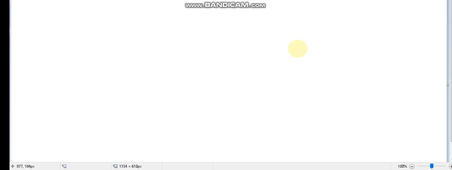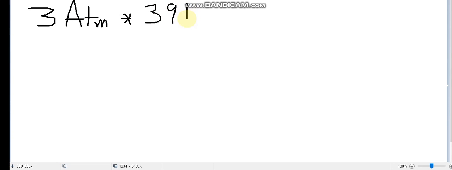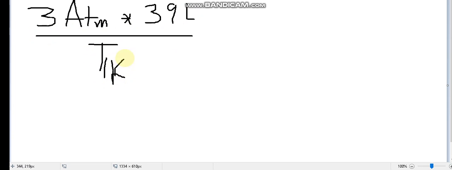So let's begin with the simplest example. Let's say we are going to use the combined gas law, P1 V1 over T1 in Kelvin equals P2 V2 over T2 in Kelvin. Let's assume we have 3 atmospheres, the initial pressure, multiplied by the initial volume, let's say 39 liters, over T1 in Kelvin.